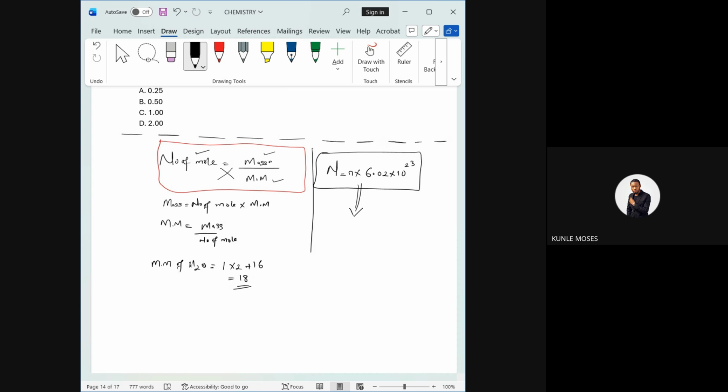Use the relative atomic mass of individual atoms to find the molar mass. Then after getting your number of mole, you will come back to this formula and insert the needed parameters. Put number of mole there, multiply it by 6.02 times 10 raised to the power 23. Then get the number of particles. It is very, very simple.